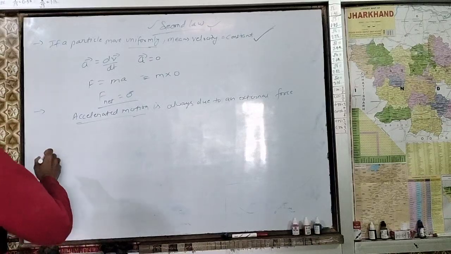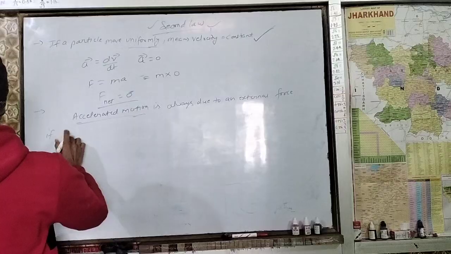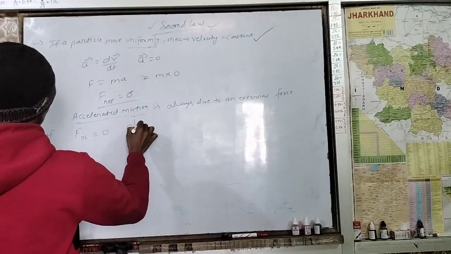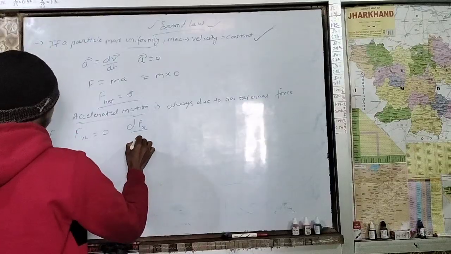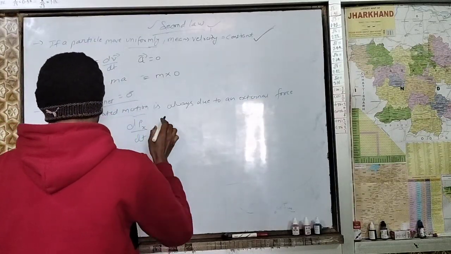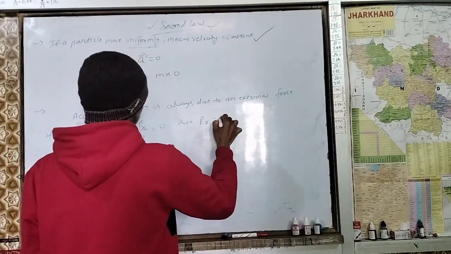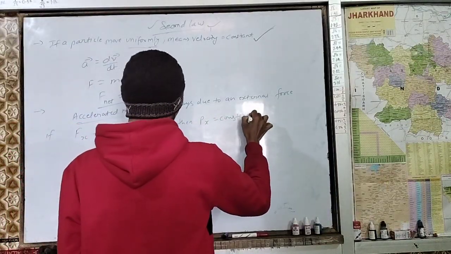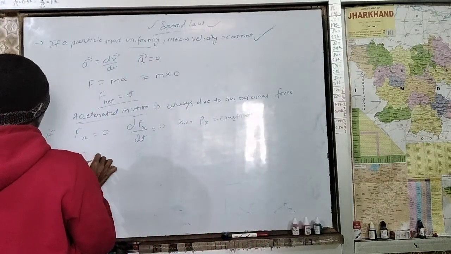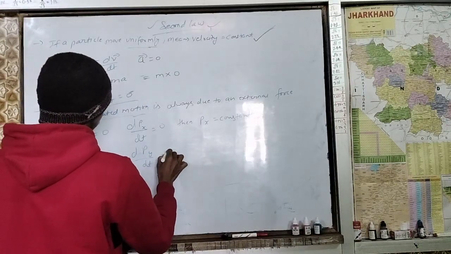Over here, try to understand: if Fx is zero, then dpx upon dt will be zero, then px is equal to constant. If Fy is equal to zero, then dpy upon dt will be equal to zero.